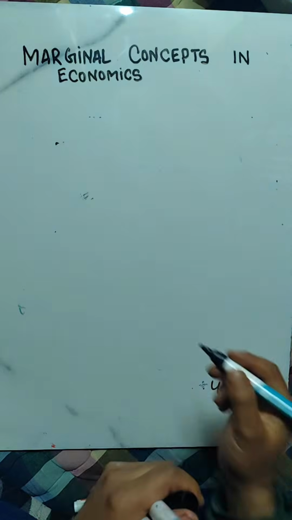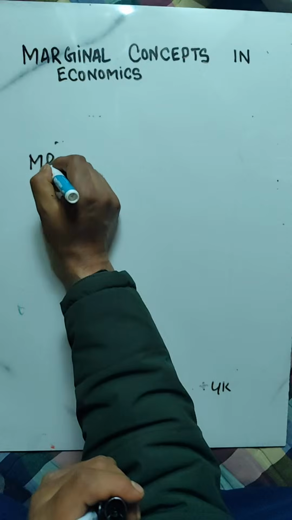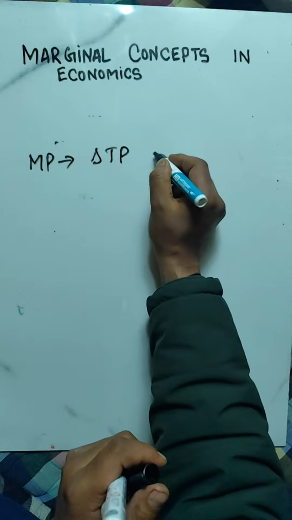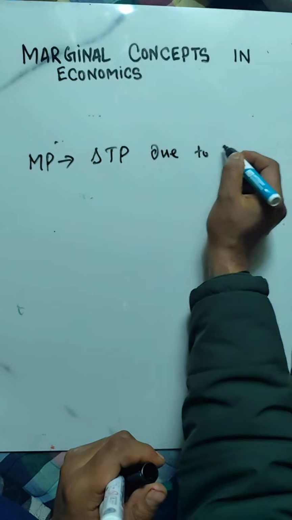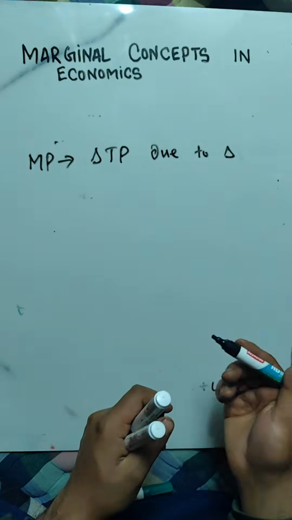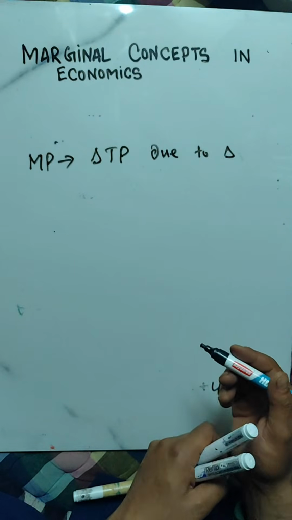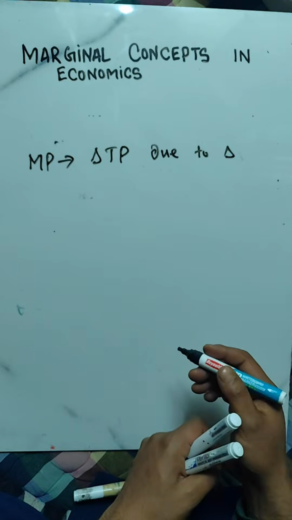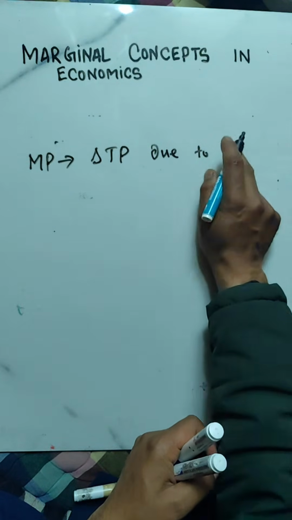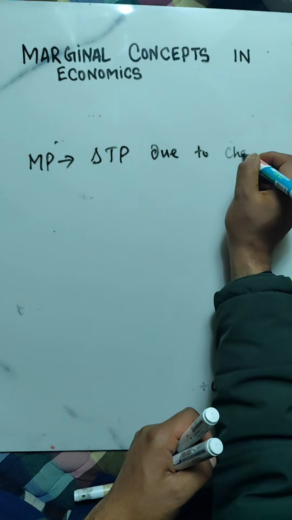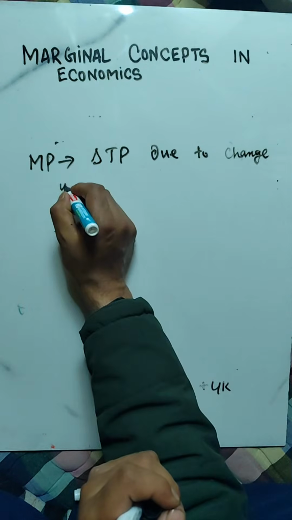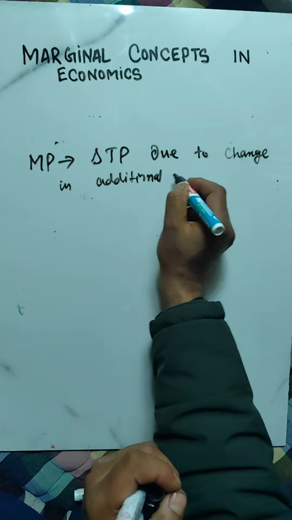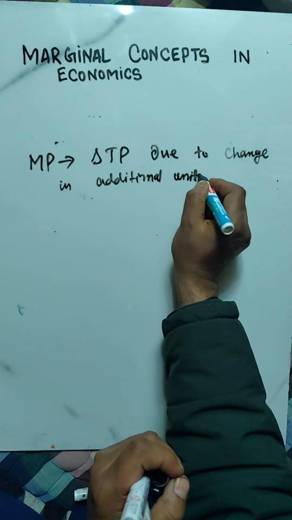Marginal product refers to the change in the total product due to change in an additional unit.